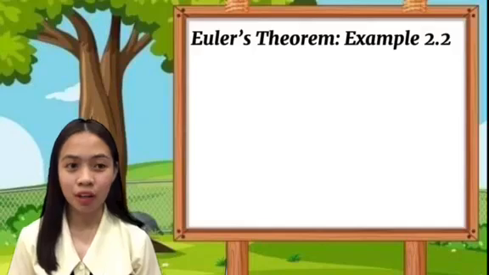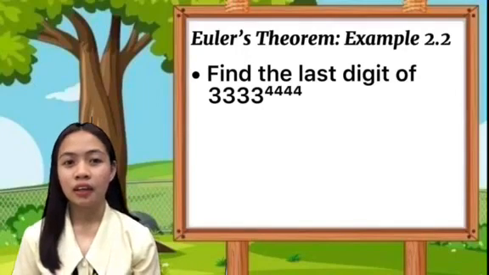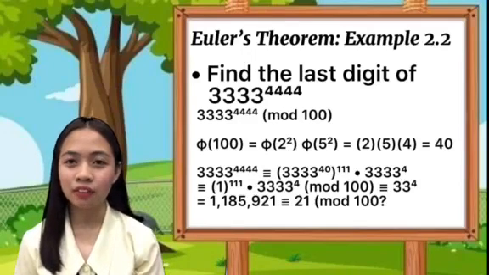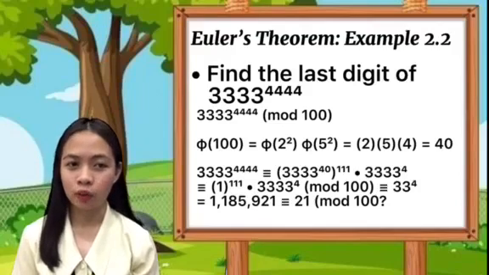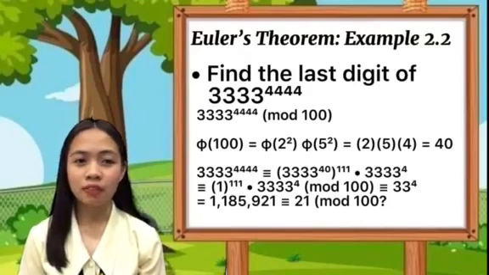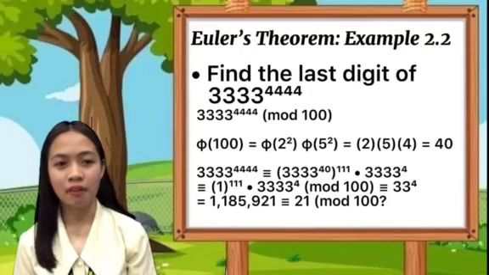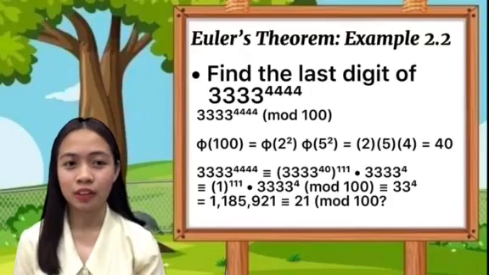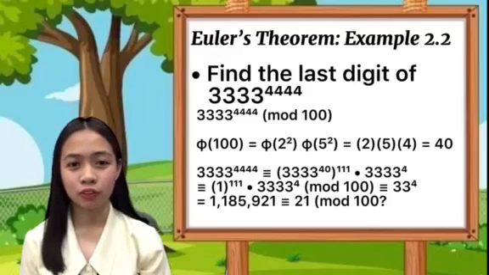So another example, find the last digit of 3,333 raised to 4,444. We're going to write 3,333 raised to 4,444 modulo 100. So phi of 100 is equal to the product of phi of 2 raised to 2 and phi of 5 raised to 2, which is 2 times 5 times 4, because 2 times 5 times 4 is equal to 40.